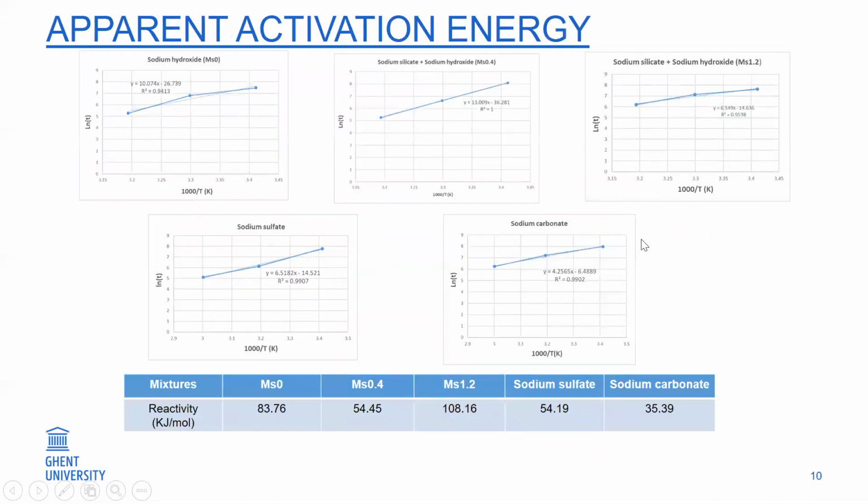And as you can see here, after calculation, we obtain the apparent activation energy. The MS 1.2 has the highest apparent activation energy, which means the MS 1.2 activator solution has the highest reactivity compared to other mixtures. And sodium carbonate has the lowest reactivity compared to other mixtures.